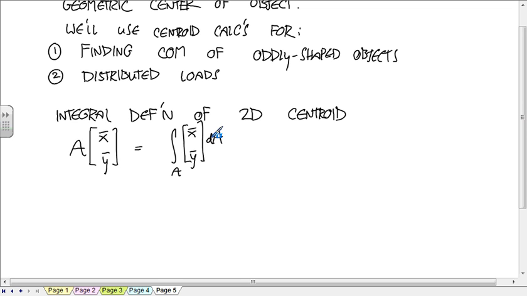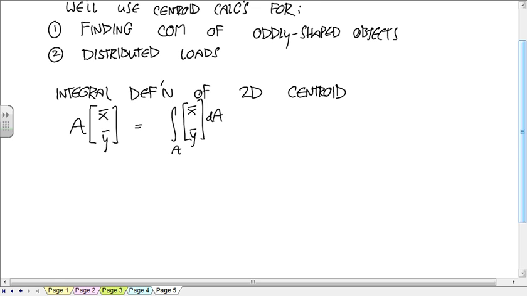So I'll do one of those integral drawings that hopefully will explain how this works. In 3D, it's essentially identical, except that instead of an area, we're talking about a volume.